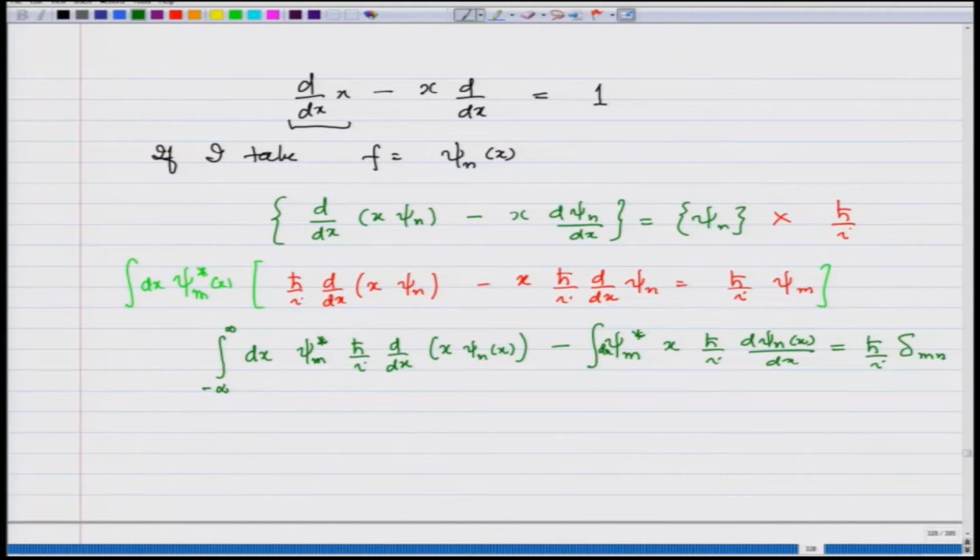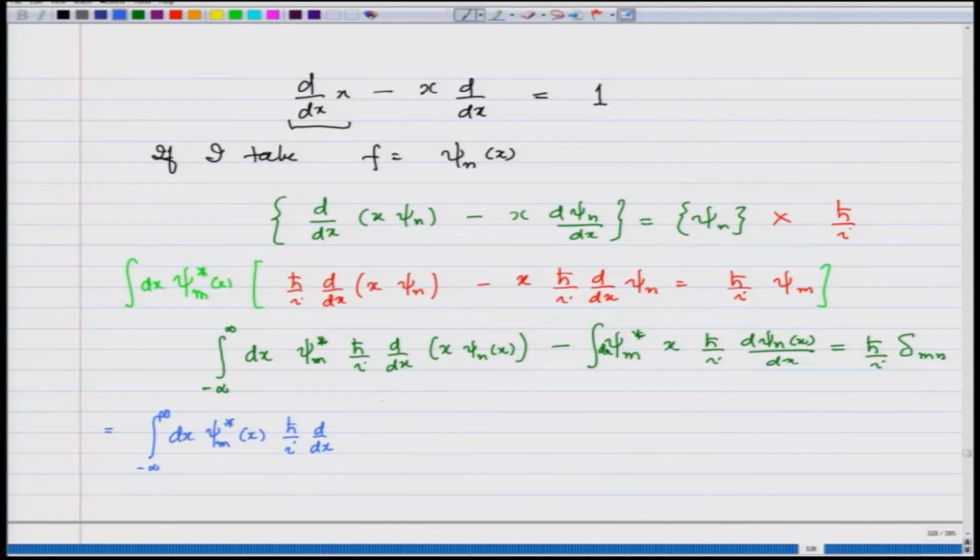This we have seen in the previous lecture, that psi m and psi n are orthogonal. So, orthogonality here is important. Now, I am going to use something else, and that is the completeness. So, what I am going to do now, write this as the integral from minus infinity to infinity dx psi m star x h cross over I d by dx.